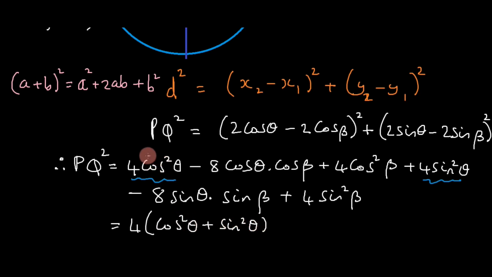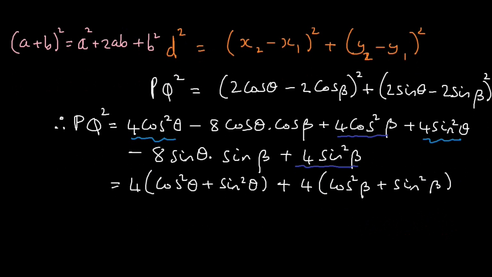So we're basically taking out a common factor between these two terms. Then, if you look at 4 cos squared beta plus 4 sine squared beta, once again we can take out 4 as a common factor. So it's 4 into cos squared beta plus sine squared beta.